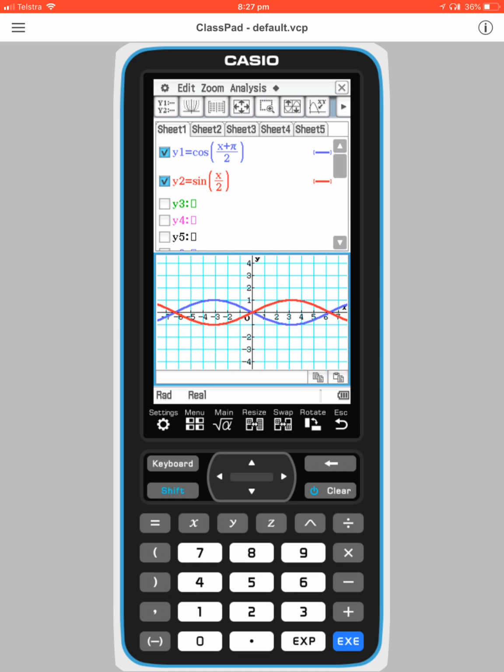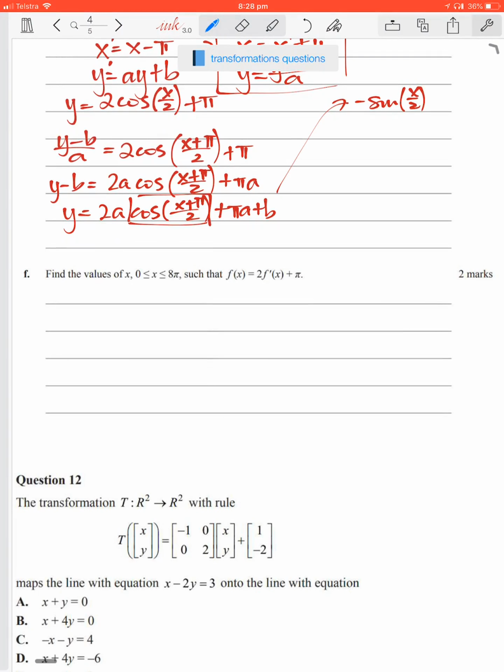Okay, so cos of (x plus pi) on 2 isn't equal to sine of x on 2, but I think it's equal to negative. So we sketch it now. If we put the red one back, cos of (x plus pi) on 2 is equal to negative sine of x on 2.